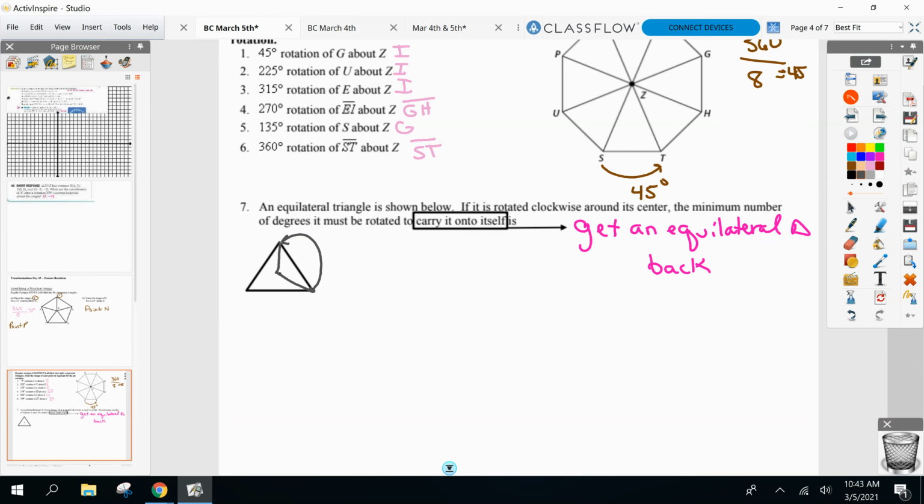Is it 120 degrees? How'd you get 120? Because if you were to go the full way, it's 360. Just like we've been talking about with the octagon and the pentagon, how many rotations is it going to take to get back to the beginning? 3, because it's a triangle, 3 vertices. So I take 360 divided by 3, 120.